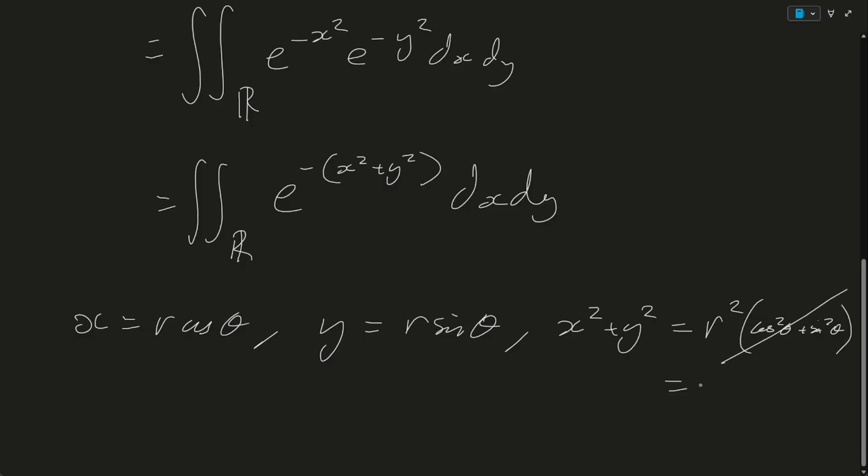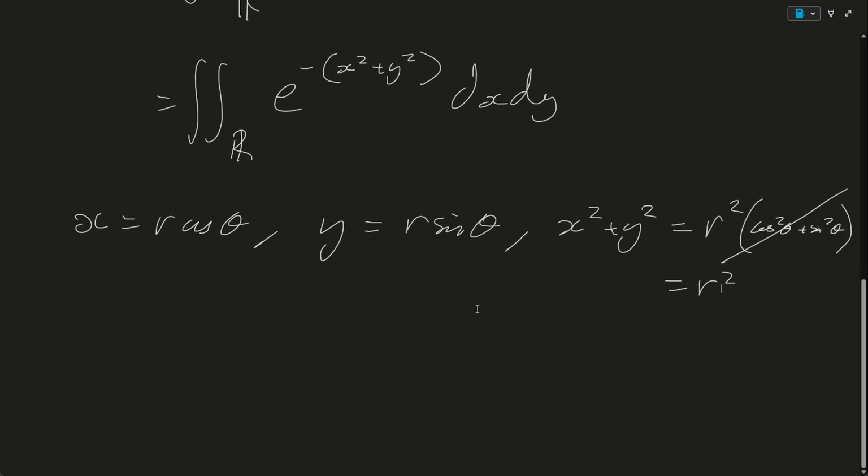That's just 1, so it's r squared. Well, isn't that wonderful? We have now simplified it into a polar Gaussian.